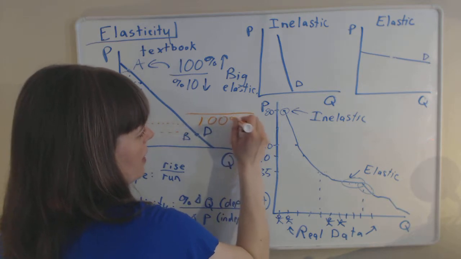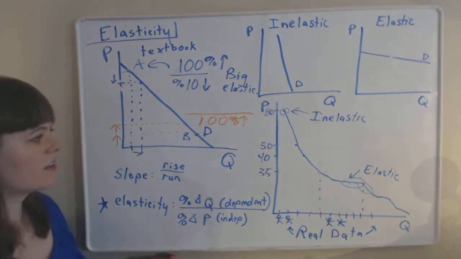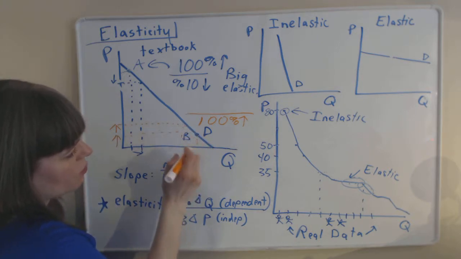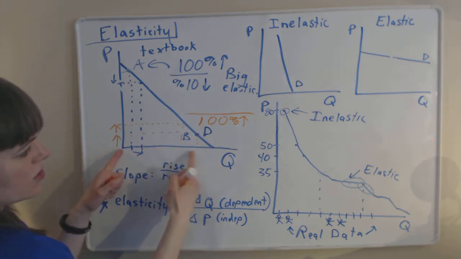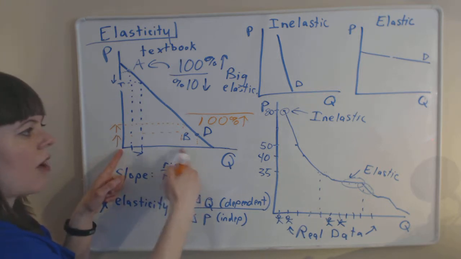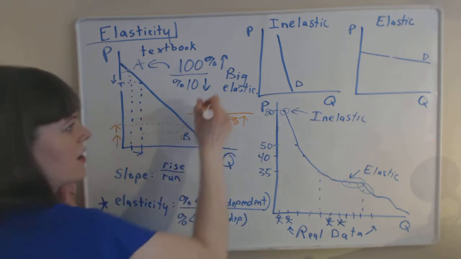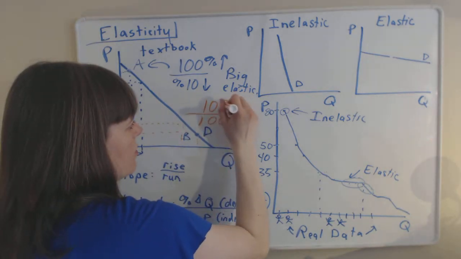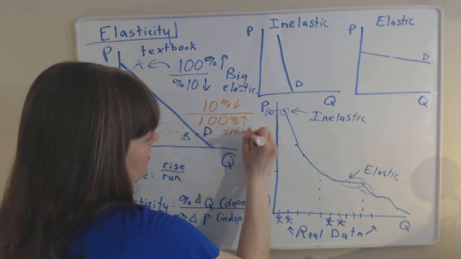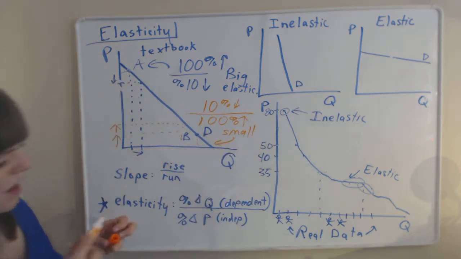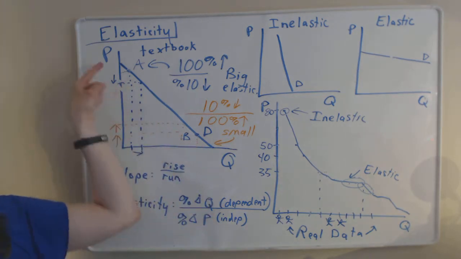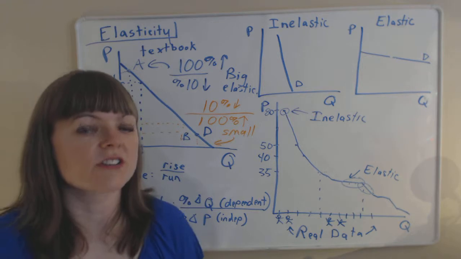It's our independent variable, the percent change in the price. What happens to the quantity demanded as a percent? We're going from this quantity sold to this quantity sold, and it only looks like about a 10% drop in the quantity demanded. So this elasticity is actually pretty small. And that is the reason why elasticity changes along a linear demand curve.